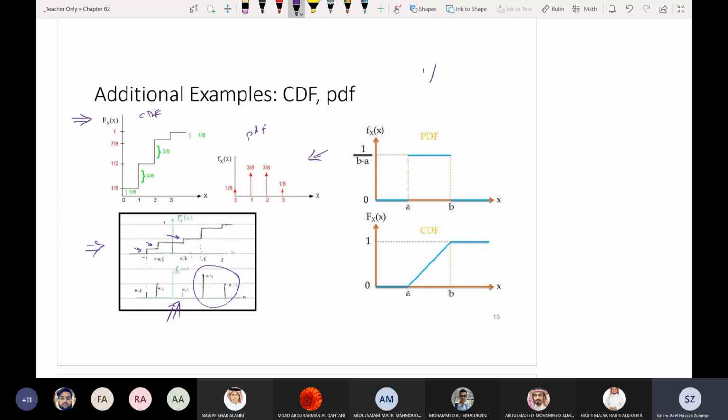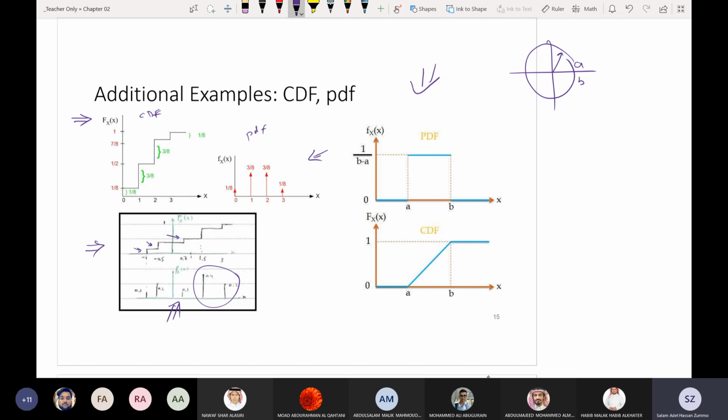One example of a continuous random variable is spinning a wheel. Spinning a wheel والwheel مرقمة between A and B. Okay?